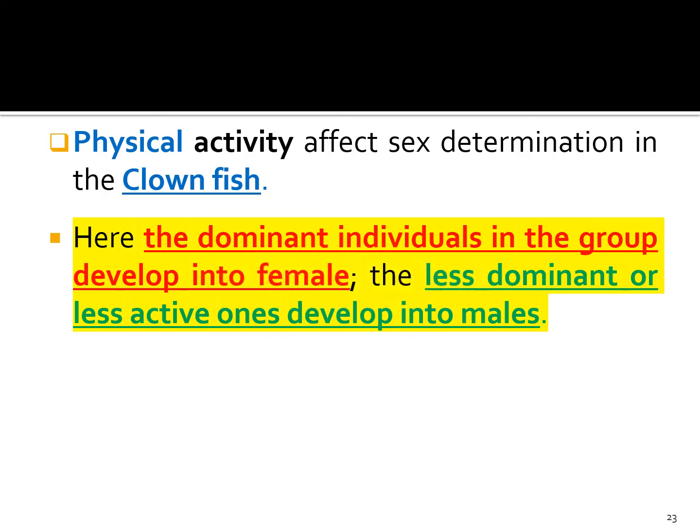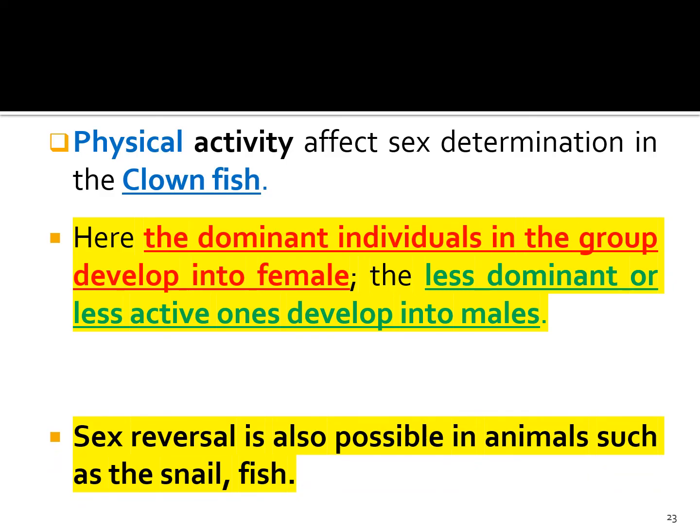In the clownfish, physical activity affects the sex of the progeny. Here the dominant individuals, the most active in the group, develop into female, while the less active and less dominant develop into males.